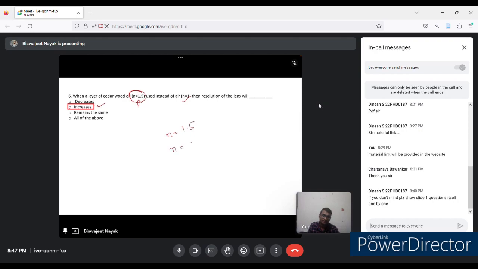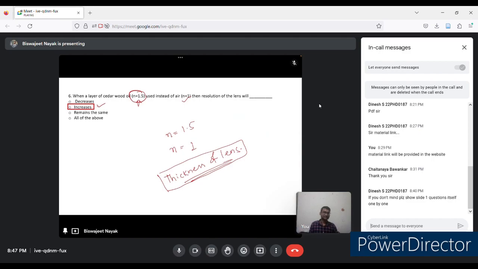Then the thickness of this lens is also given, but I can't do that problem, sir. What was the question, like what did it ask for?